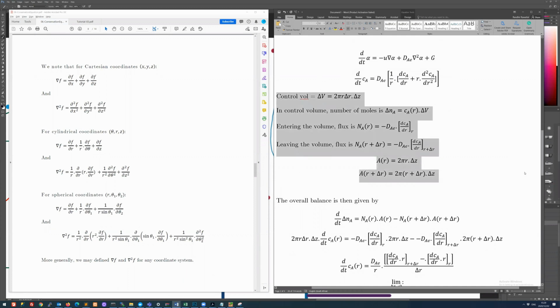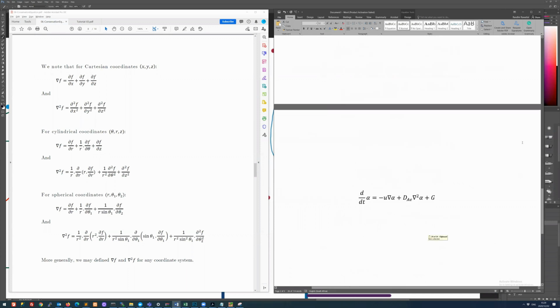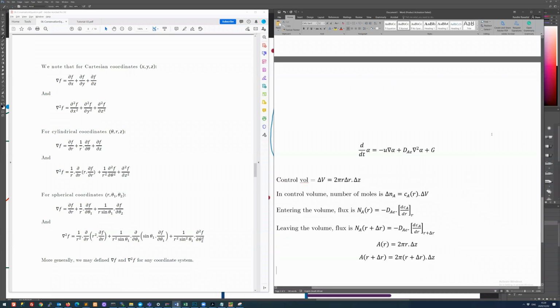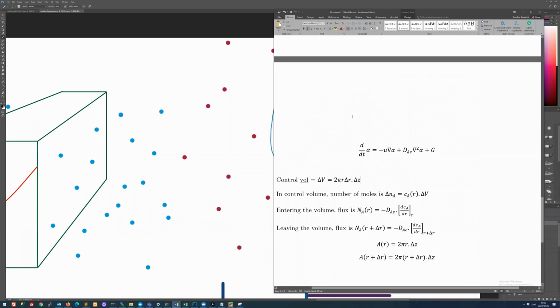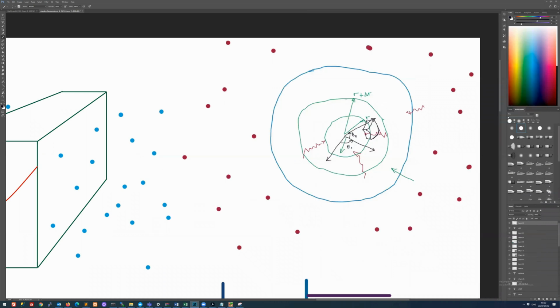Okay, so for spherical coordinates, your volume now: if you think about the volume of the space, the inside area of this sphere, of course, is 4 pi r squared. So that's the area of a sphere. And then the thickness of the sphere is delta r, right?